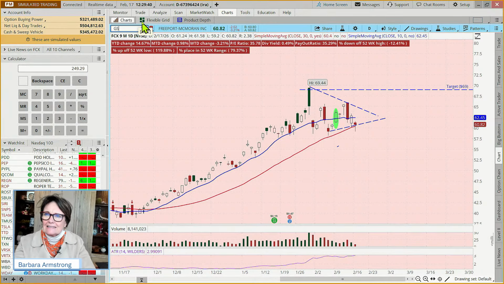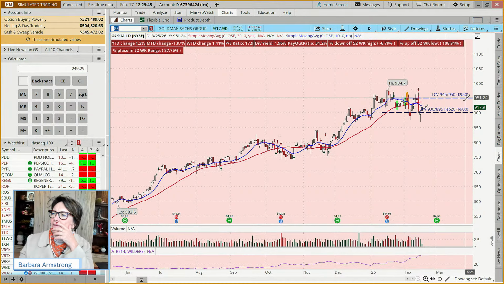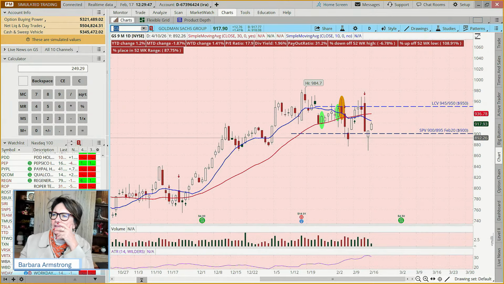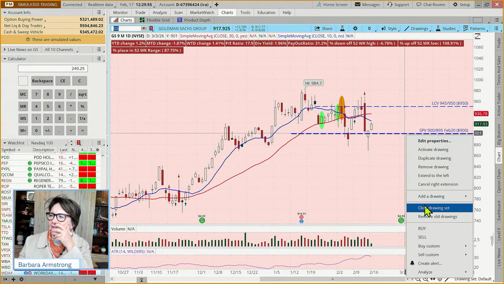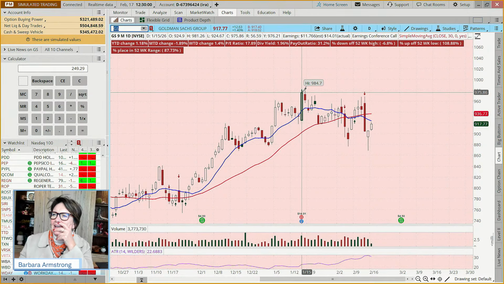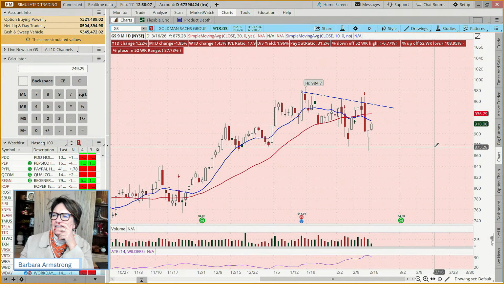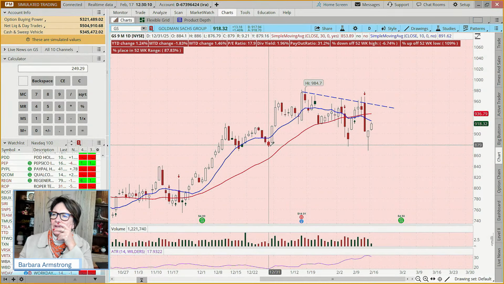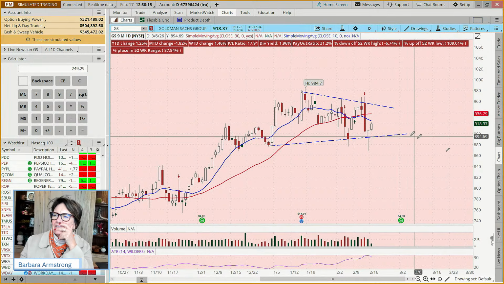Oh, Goldman Sachs. Okay, I'm going to just clear this. I think we're out of all these trades. Not sure. But again, we're now seeing kind of lower highs cropping up here, right? And then slightly higher lows.